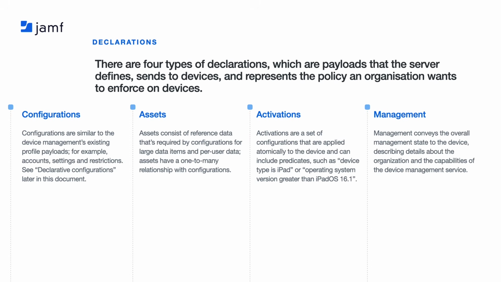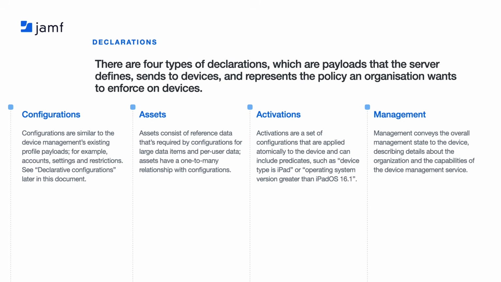They allow policies to be applied conditionally, based on device type, OS version, or even status changes. And then management conveys the overall relationship between the device and the organization, establishing the management state and capabilities. Now, together, these declarations allow us to define not just what compliance looks like, but when it applies, how it's enforced, and how the device reports changes.